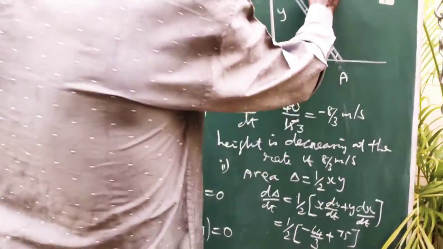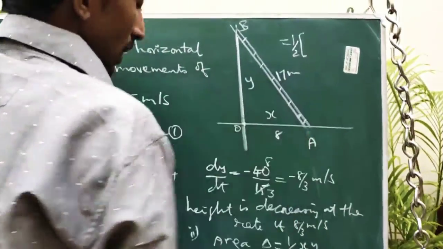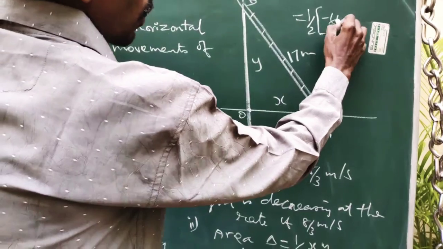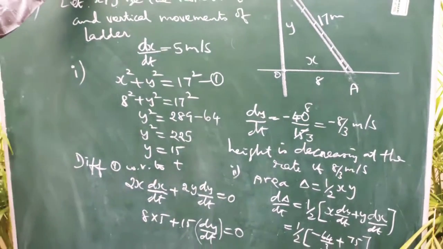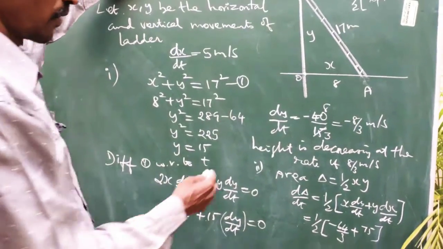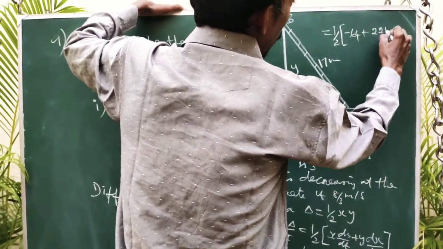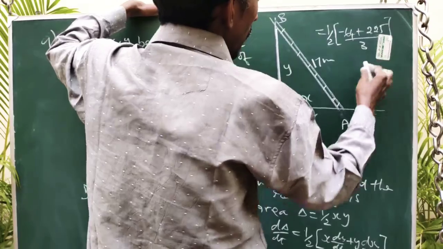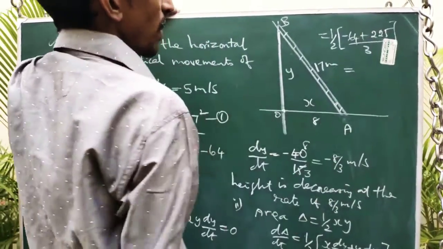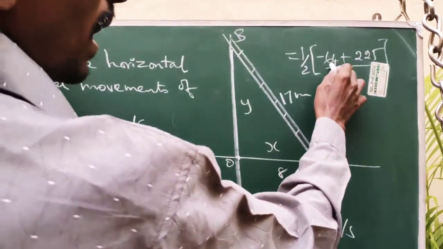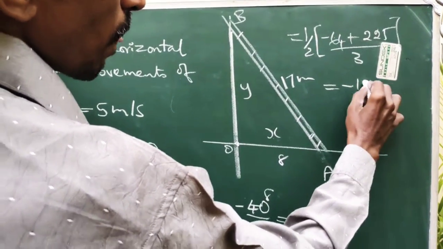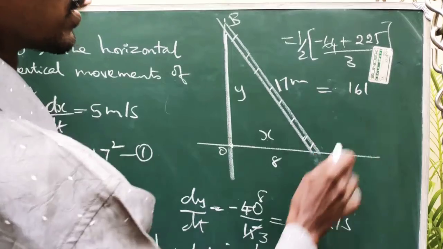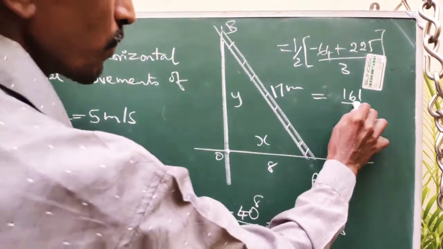Take the LCM: 1 by 2 into minus 64 plus 75 into 3, so we get 225, over 3. If we subtract, we get plus 161 by 3.